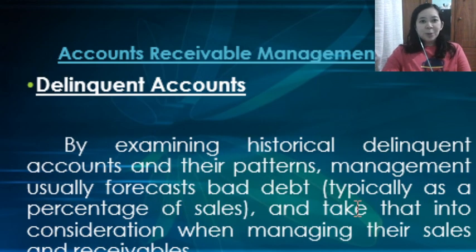In relation to this, by examining the historical delinquent accounts and the patterns from the history, management usually forecasts the bad debt. This is where we get the percentage rate of bad debt, or the allowance for doubtful accounts portion, from your accounts receivable.